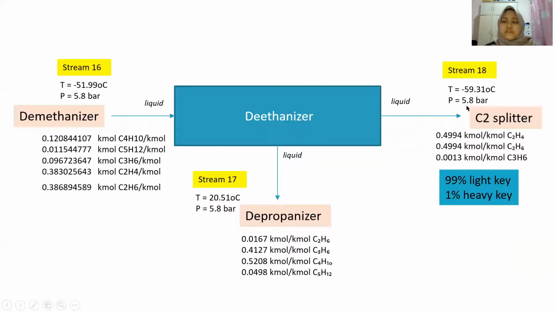The overhead stream will go to the C2 splitter, and the bottom stream will be sent to the depropanizer. The pressure remains the same throughout the deethanizer.